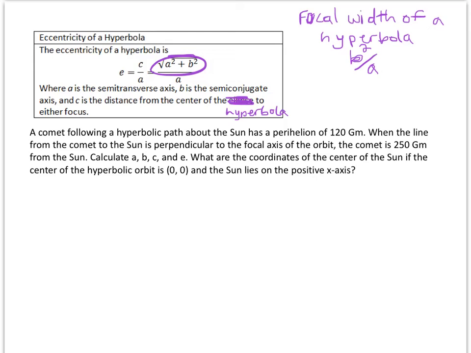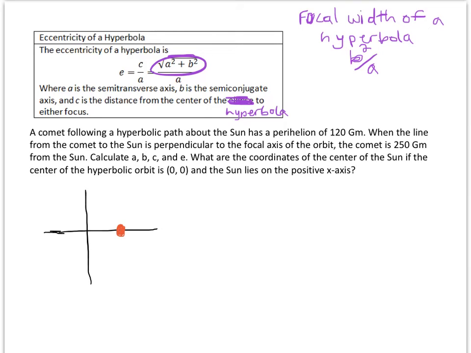So in this problem we've got a comet following a hyperbolic path about the sun. I'm going to draw an x and a y axis, and we're going to draw the sun over here on our x-axis.